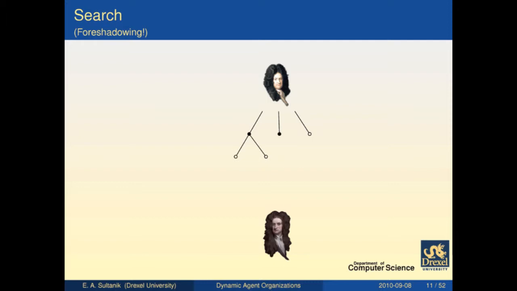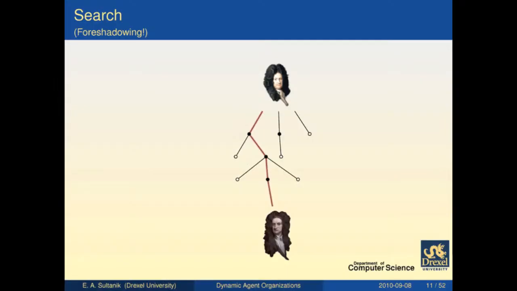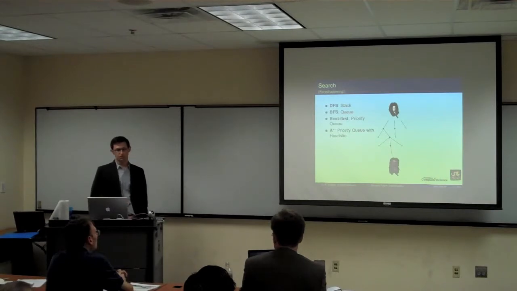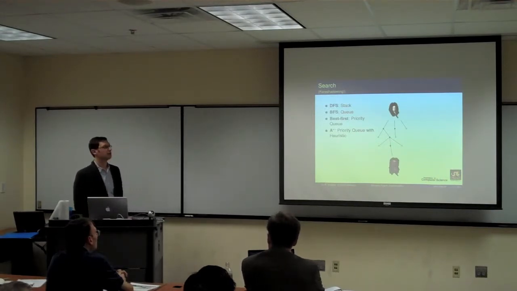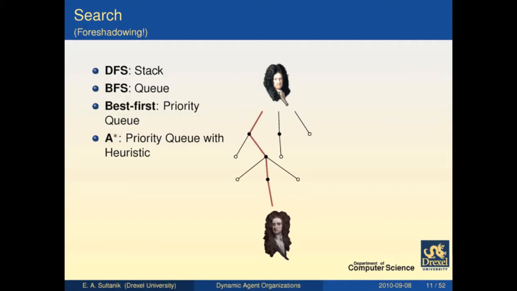And we remove another node from the fringe, and this continues until eventually, perhaps, we find a path to the goal. Now, depending on how we choose to prioritize which nodes we pull from the fringe, that defines what type of search it is. If we represent the fringe as a stack, we get depth first search, and so on.